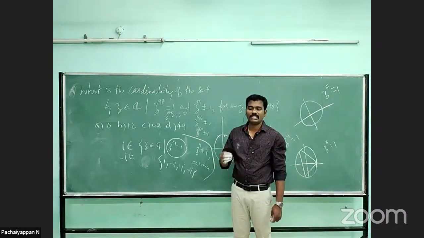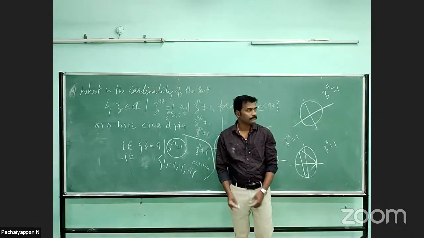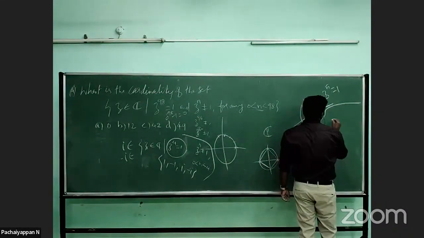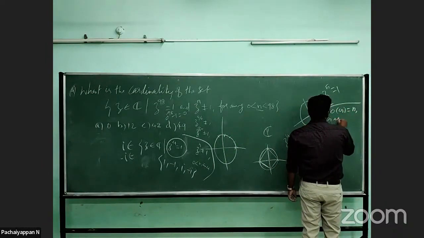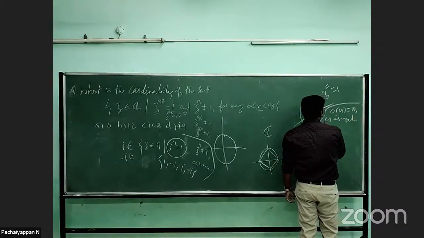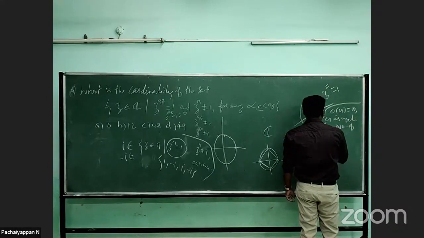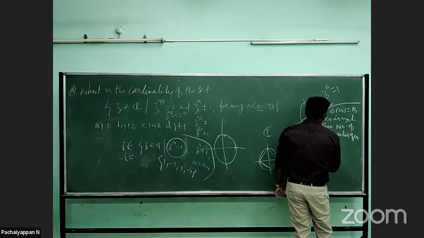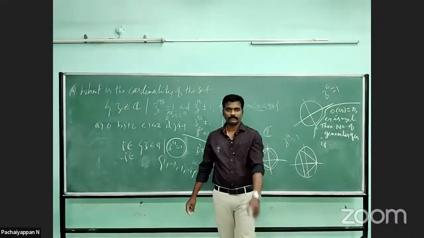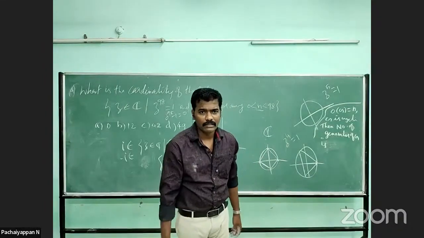If G is a cyclic group, order of G equal to n, then how many generators are there? You know very well from group theory, right? Order of G equal to n, G is cyclic, then the number of generators of G is phi of n.